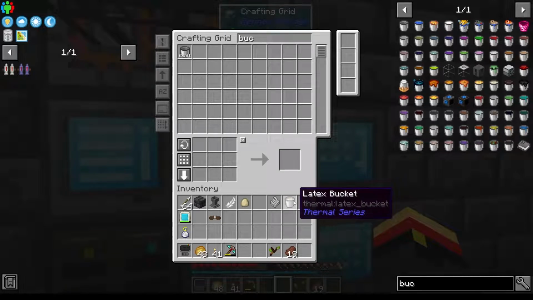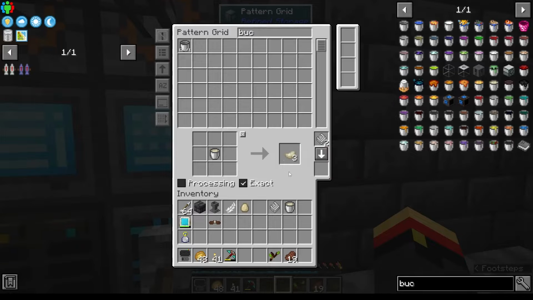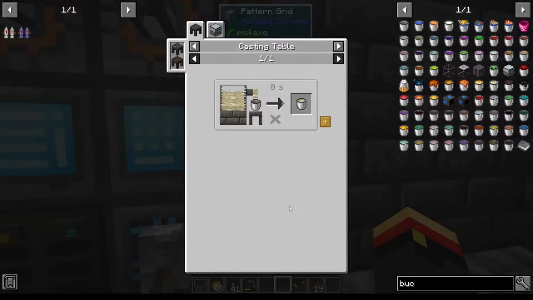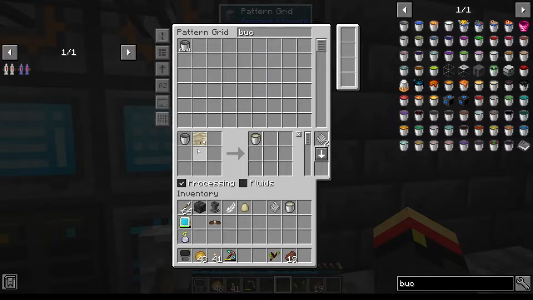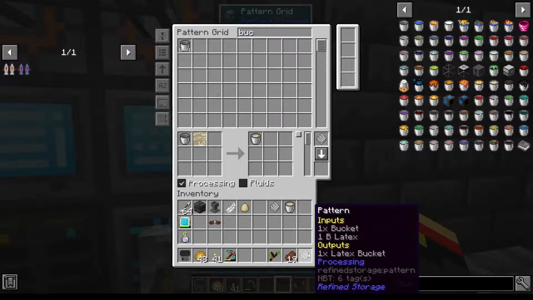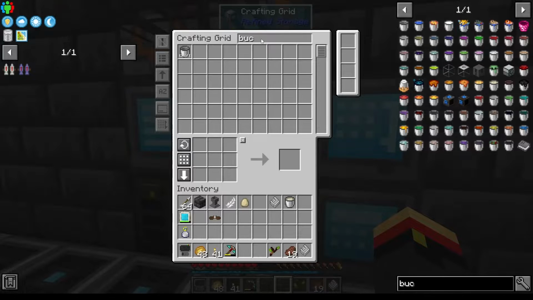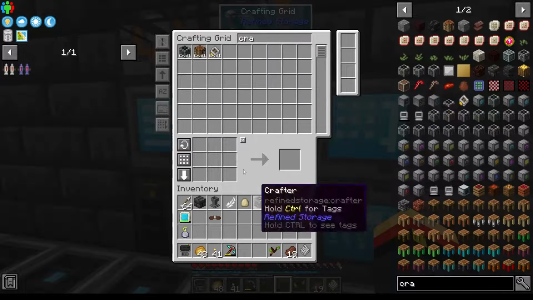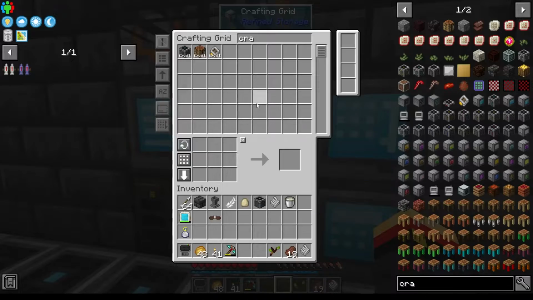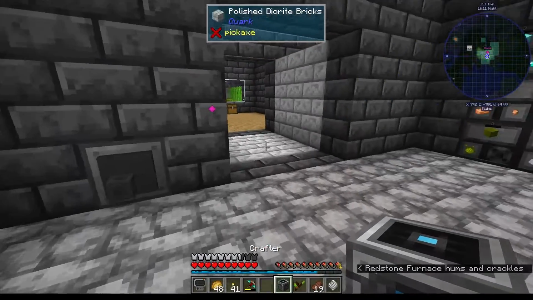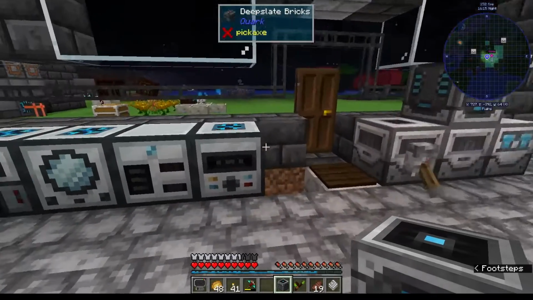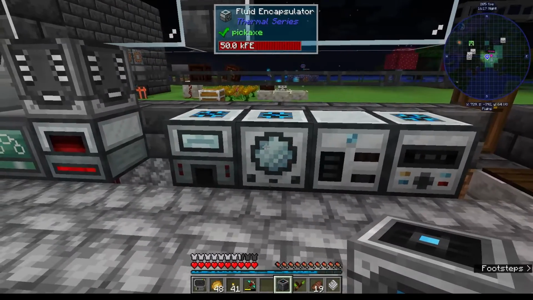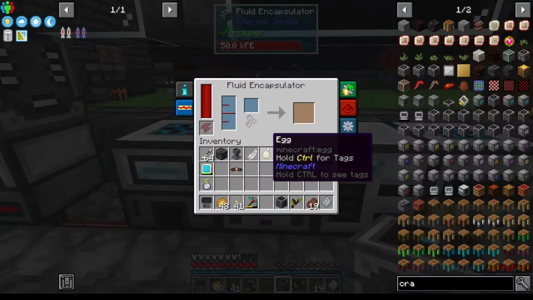Alright, so now that we have latex in there, we need a way to make latex buckets. And that's where the fluid encapsulator comes in. So we need a bucket plus latex equals latex bucket. So we're going to need another crafter, I think. And maybe some cable, maybe not, I don't know. Let's see what's over here. So here is our fluid encapsulator.